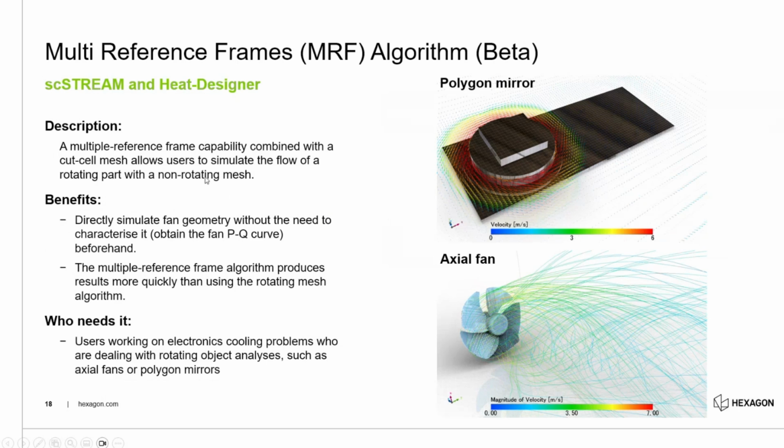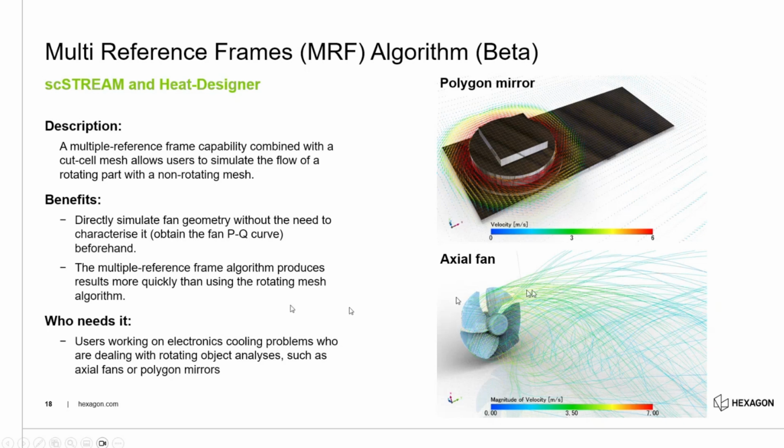Another feature that was added in SIStream and eDesigner, and the difference between the two is eDesigner is simply a subset of SIStream, so they're effectively the same software, is that there's actual fan modeling that can be done now. Instead of using a rotating frame, you define multiple reference frames. So we define this fan as moving in a different reference frame to everything else.